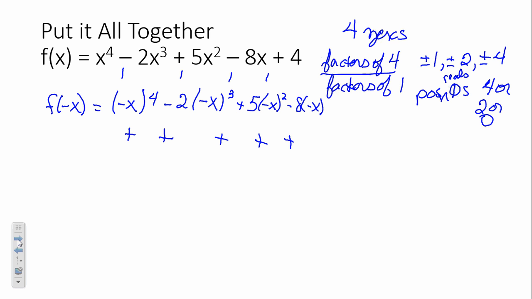Are we going to have any negative values? We've got to cut our work down by half. Okay? So we know we don't have to try those negatives. So we're going to try 1, 2, and 4 as possible roots. Okay?